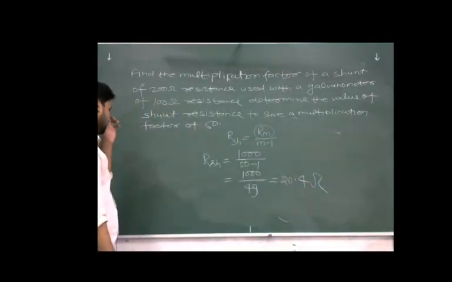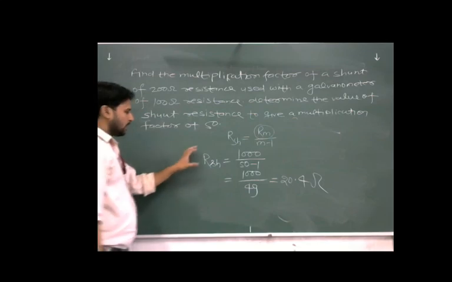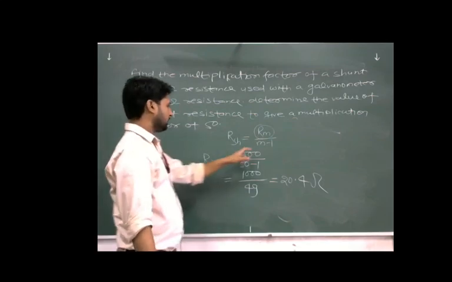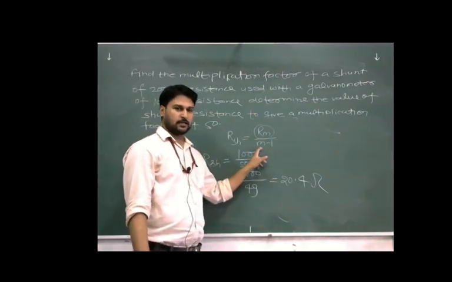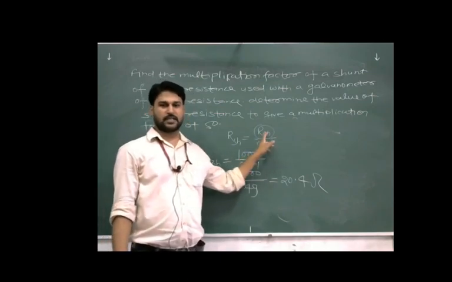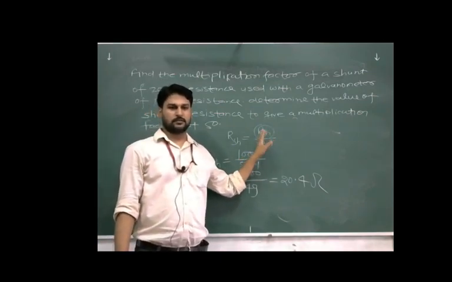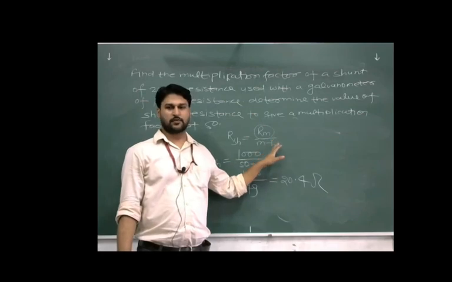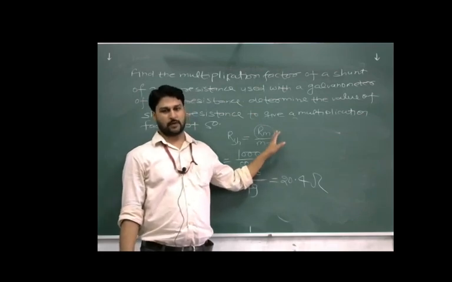Easily by using the formula we can calculate the value of RSH if the multiplication factor and the resistance of the ammeter are known to me. This is a simple approach to find out the value of RSH.